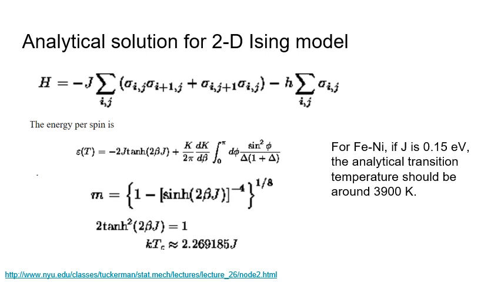Besides, from the expression, we find a relation between transition temperature and J value: k times Tc equals 2.269 times J. For the iron-nickel system, if J is 0.15 electron volts, the transition temperature should be around 3900 K. Once we get our theoretical temperature, we try to use our model to test it.